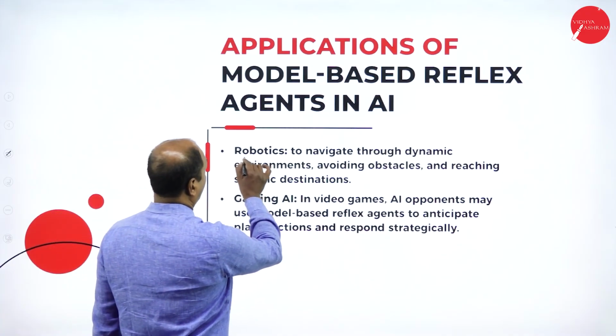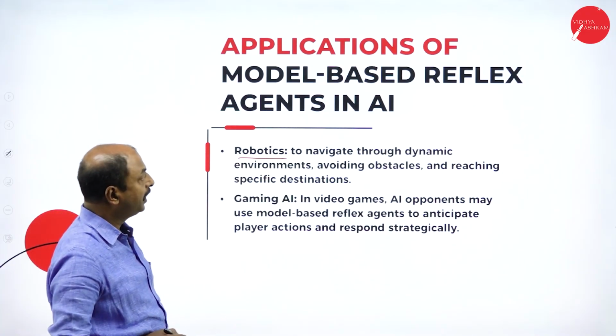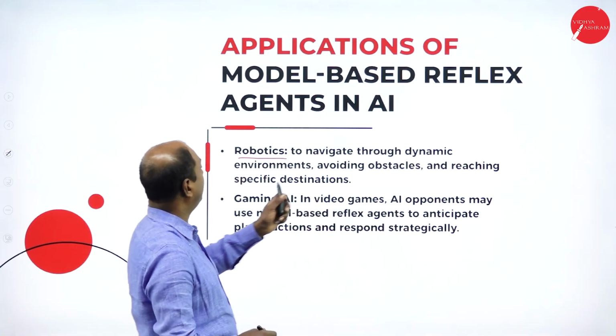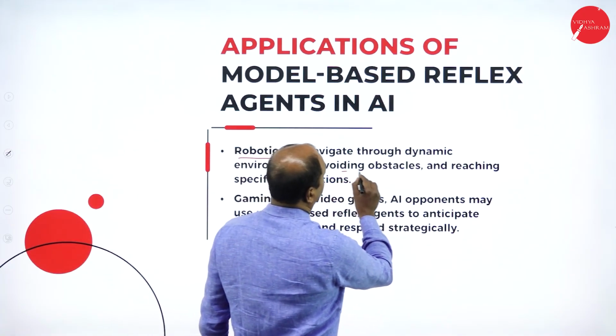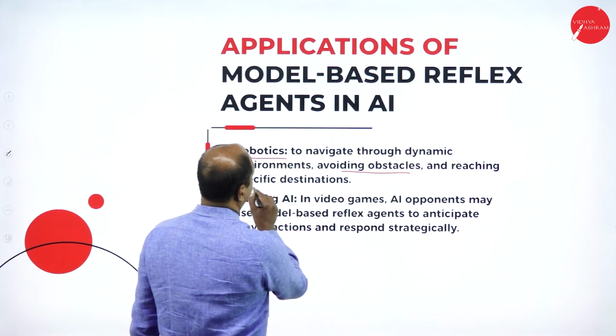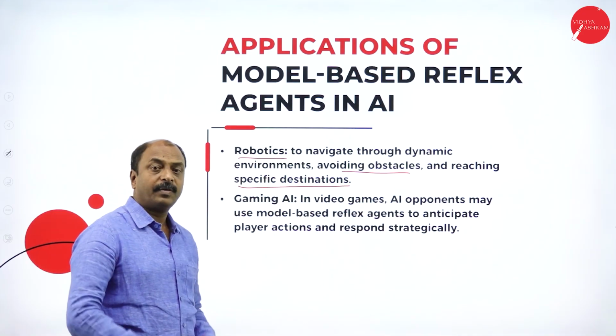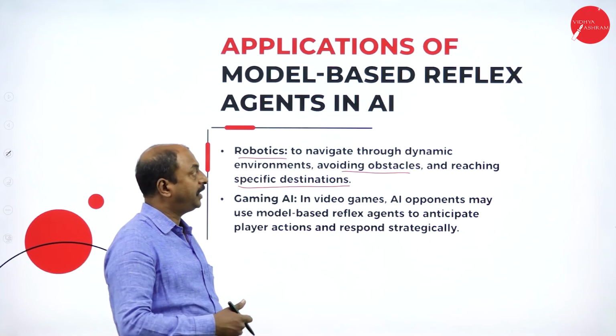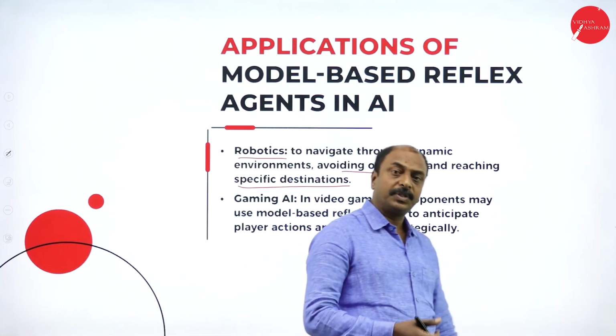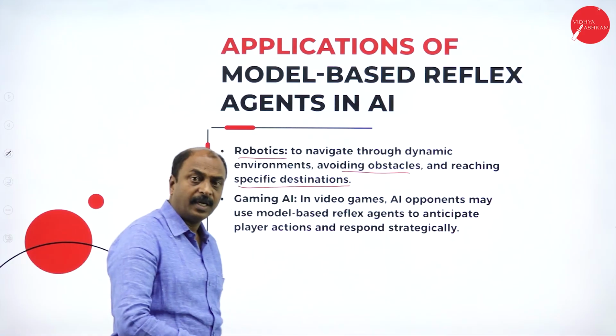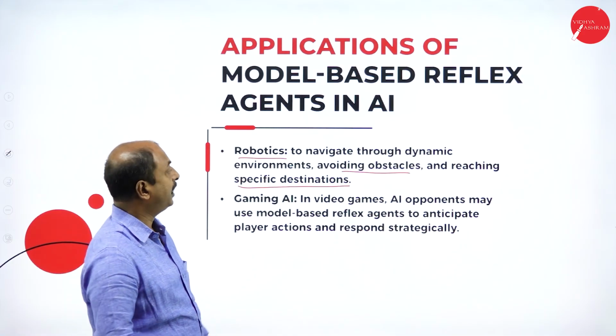One is robotics. In robotics, the agent navigates through dynamic environments, avoiding obstacles and reaching a specific destination. So whenever the robot is moving or is in dynamic motion, if there are any obstacles, it stops there and takes another direction, another route.